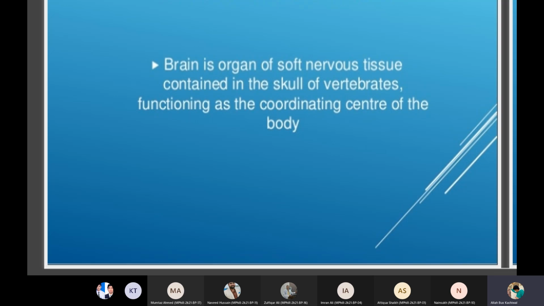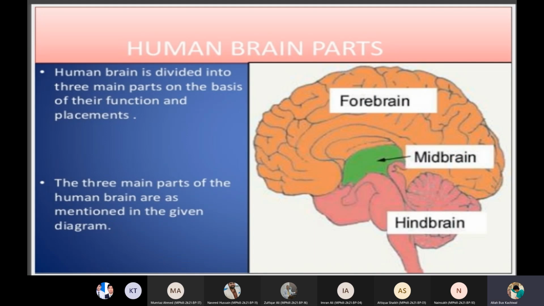So this is the controlling area where everything is communicated and interpreted, and then the actions are designed for the body. The human brain parts are the forebrain, midbrain, and hindbrain. The human brain is divided into three main parts on the basis of their function and placement, as mentioned in the given diagram.